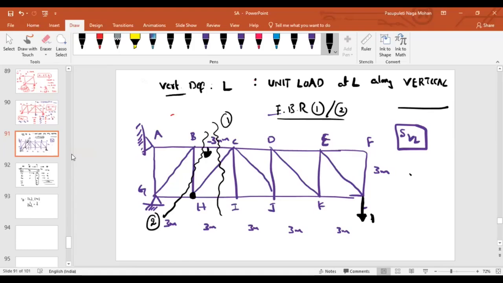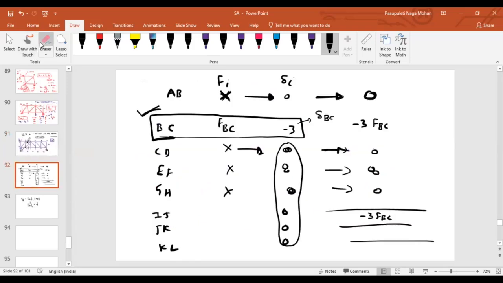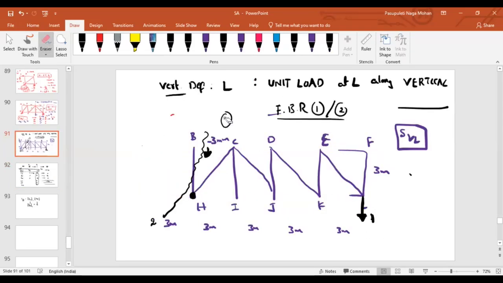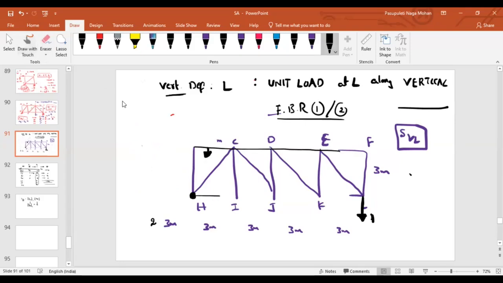Yes, sir, 3. Who got 4? Can I erase it and solve it? Which section have you considered, section 1 or section 2? Section 1, sir.